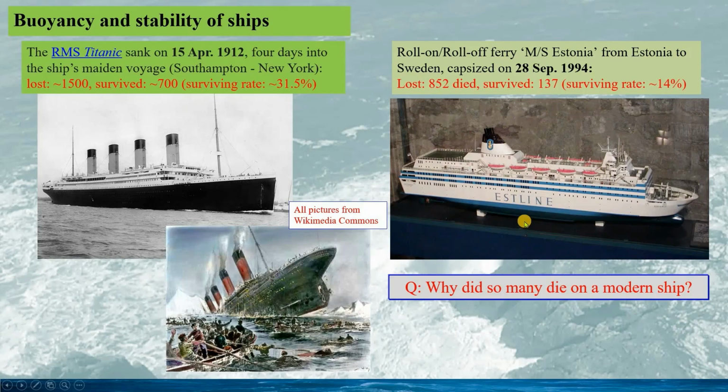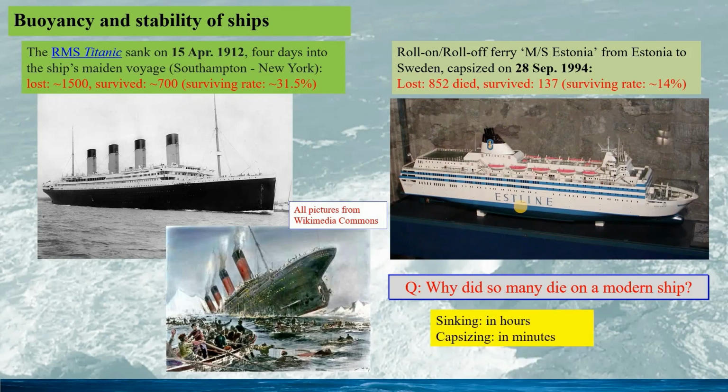Unlike the earlier ship, like Titanic, it did not have enough saving boats for saving lives. But the modern ship, like the MS Estonia, must have enough saving boats for everybody on board. But why did so many people die in the disaster? The answer for this is time.